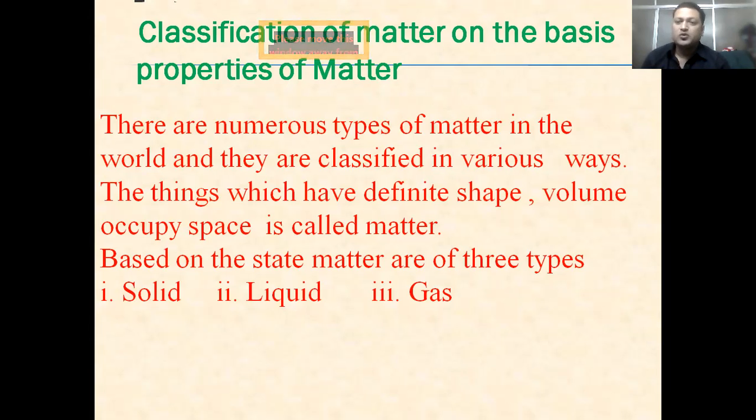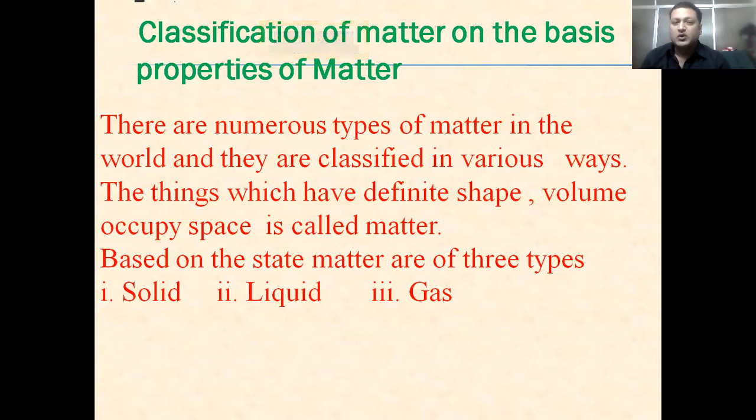Even when you watch television, or the essential thing, our communication device, the mobile phone, these all are examples of matter. So think about air, or what you drink every day, like water. It is indispensable for our life, isn't it? So all these things are examples of matter.